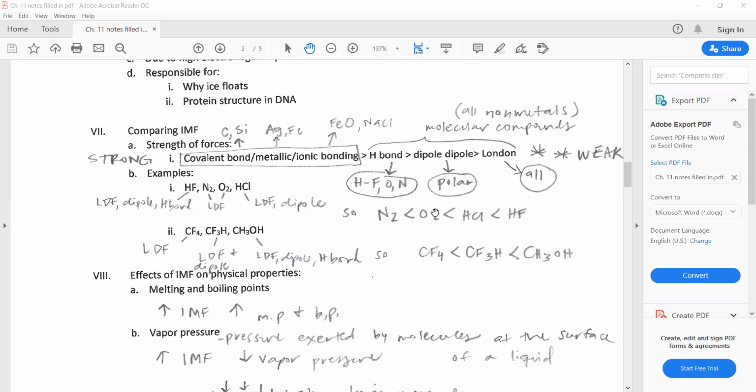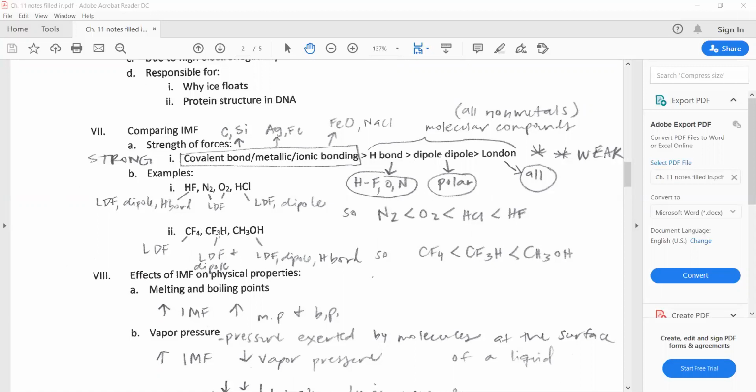Then you compare the ones that only have London dispersion, and the way we compare those is molar mass. Oxygen is 32 grams, nitrogen is only 28. So oxygen is greater than nitrogen. Similarly here, CF4 has only London dispersion. It's not polar. CF3H has fluorine on 3 sides and hydrogen on the 4th.